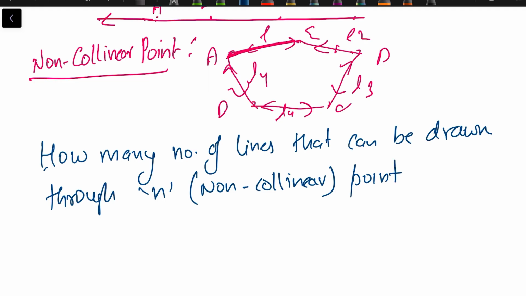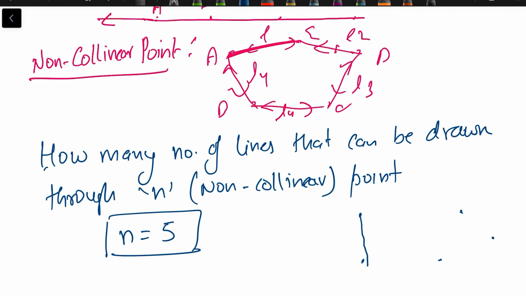So let's take an example. We have n equal to 5, so we have 5 non-collinear points. We have to find how many lines we can draw from these 5 non-collinear points. Let's take 5 non-collinear points: 1, 2, 3, 4, and this one is 5.